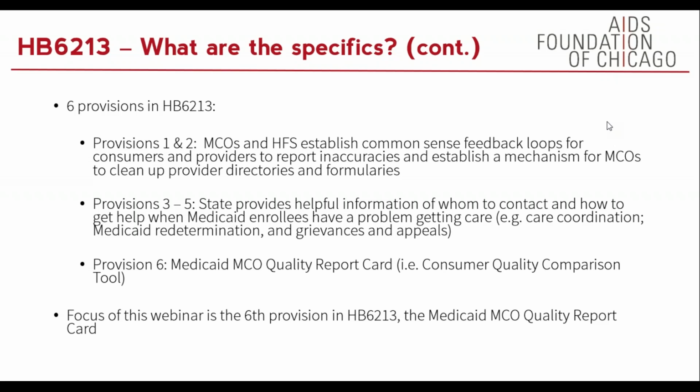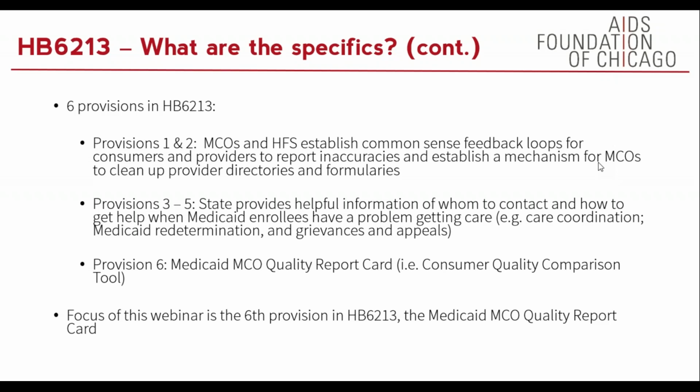So client enrollment service brokers must display on their website consumer-oriented and easily understandable information about care coordination and the services it provides. This means that at a minimum, the information must include a basic description of care coordination and activities and how an enrollee can request care coordination. I'll pass it back to Nadeen to discuss Provision 6, the Medicaid MCO Quality Report Card.